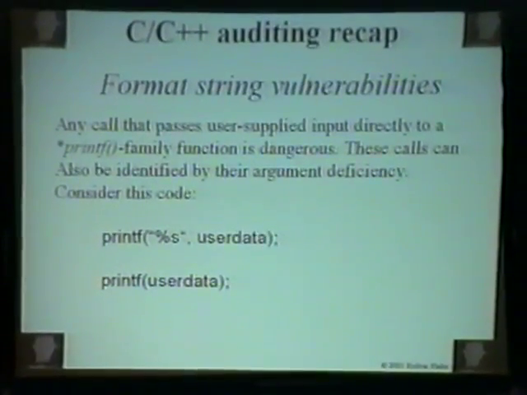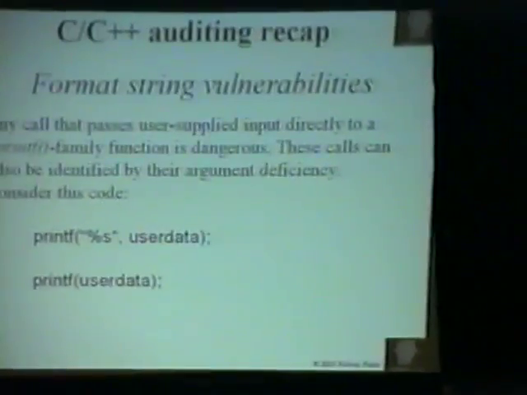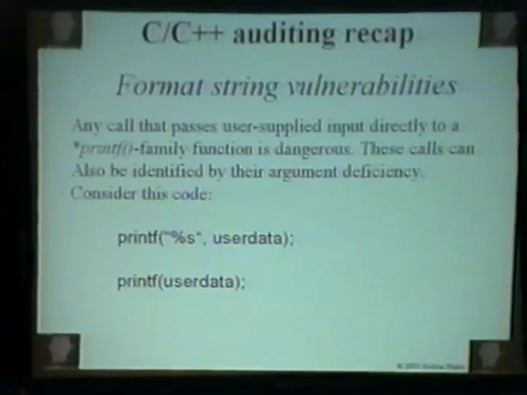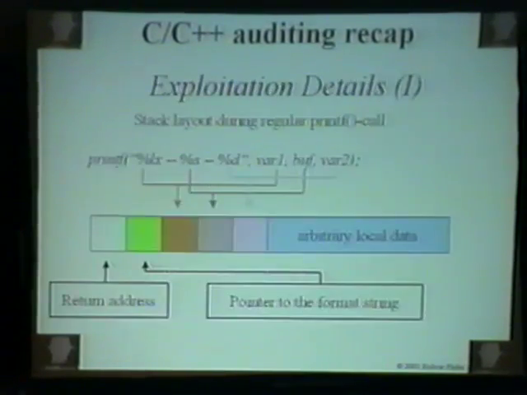Or programmers are stupid and don't know the specification and think that syslog doesn't accept format strings and pass a straight value. So basically, format string bugs can be classified as argument deficiency bugs. People are lacking an argument here. A correct printf call has two arguments, one format string with a format character and one piece of data being expanded. The printf(user data) doesn't. So we have an argument deficiency.